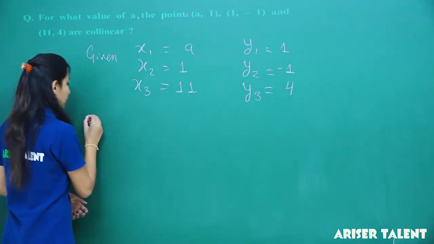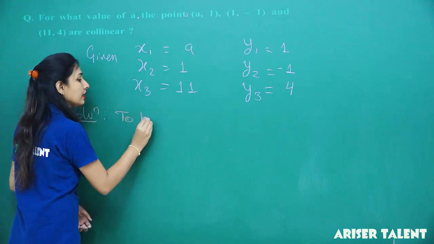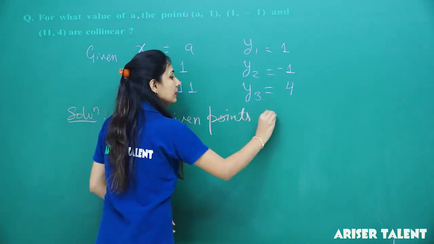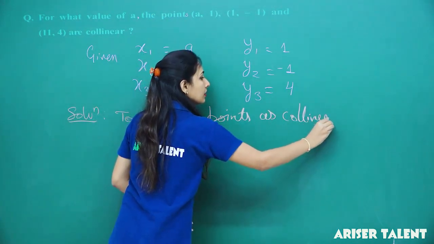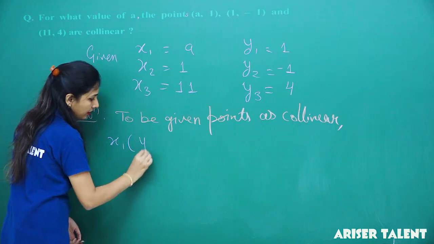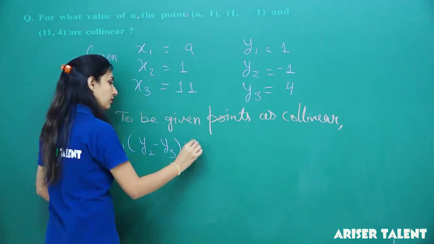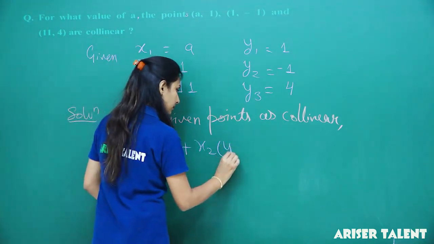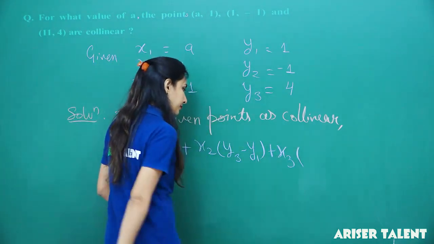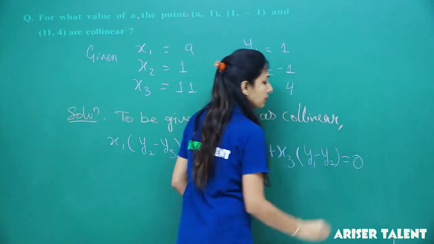Solution: for the given points to be collinear, x1 (y2 minus y3) plus x2 (y3 minus y1) plus x3 (y1 minus y2) should be equal to 0.